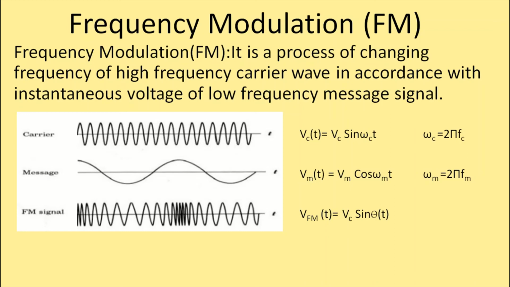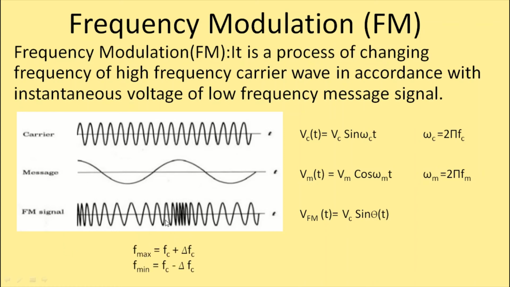Coming back to the diagram, here, as already told to you, when the amplitude of the message signal is at its maximum, the frequency of the FM signal reaches its maximum. That means the frequency here can be represented as the carrier frequency plus some extra frequency, which I will represent as delta Fc.